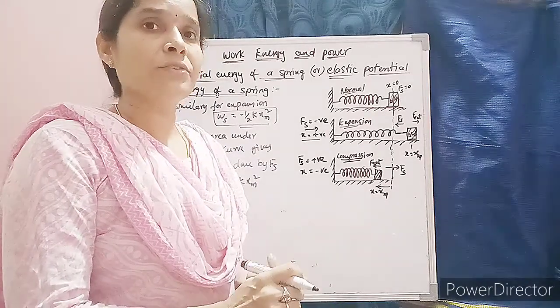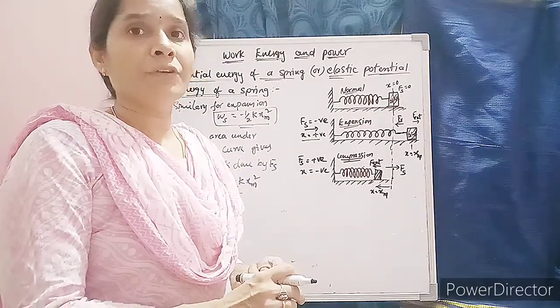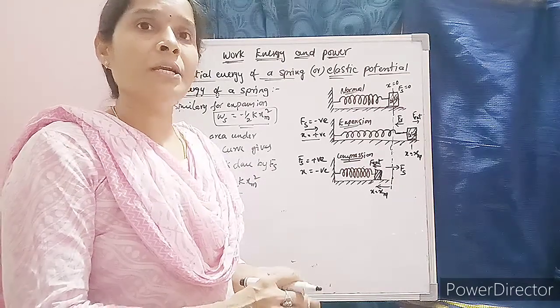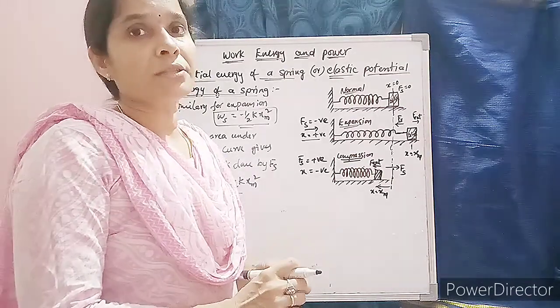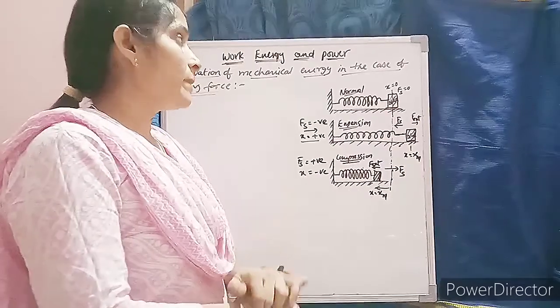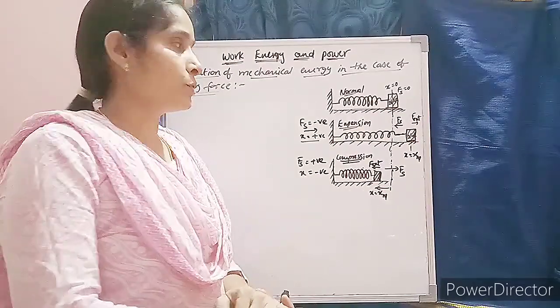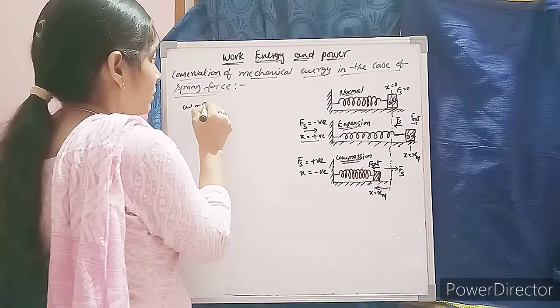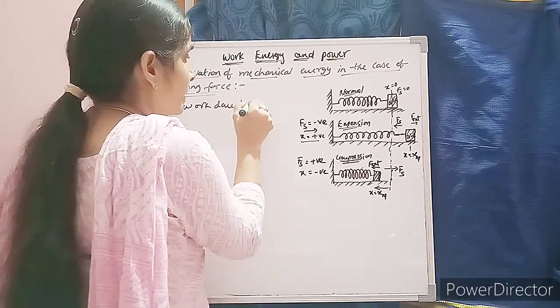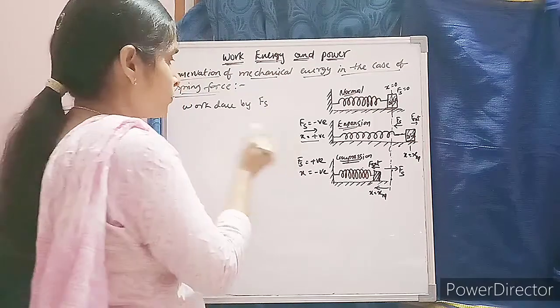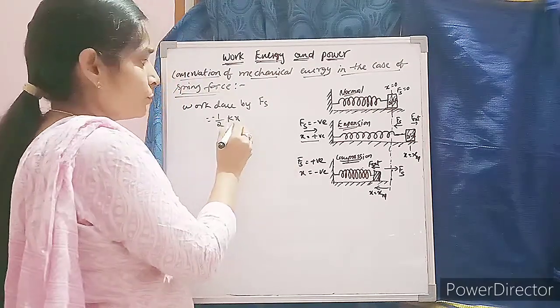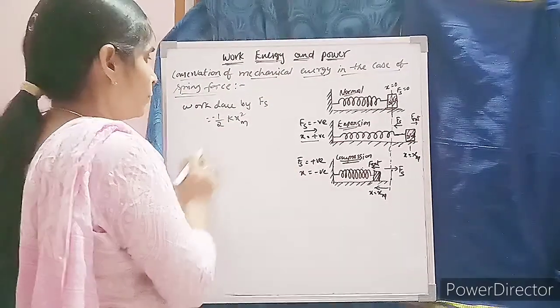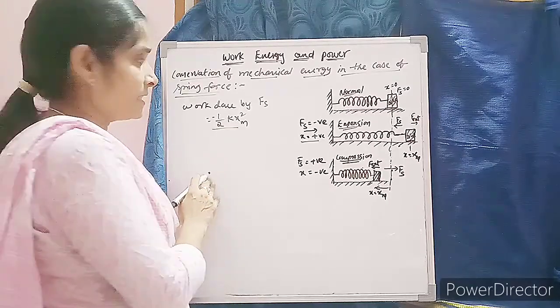In the case of conservative force, the law of conservation of mechanical energy is possible, so let me check that also. Conservation of mechanical energy in the case of spring force. The work done by the spring force is minus half into k xm square.